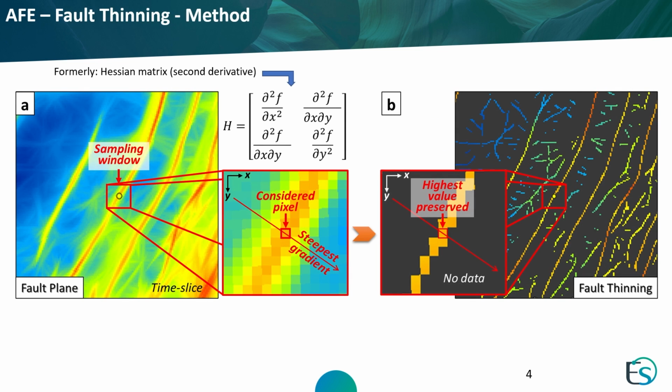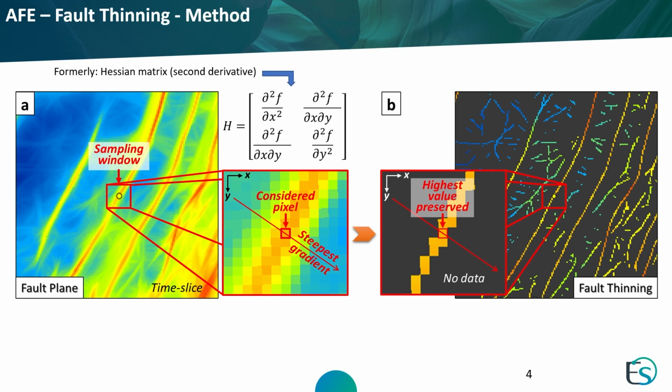The fault thinning cube uses the fault plane as the input, and then using a Hessian reduction, it's going to search across a specific window size and look for the steepest gradient, or the fastest degree of change from high probability to low probability. It'll then save that value and move on to the next trace or the next sample.